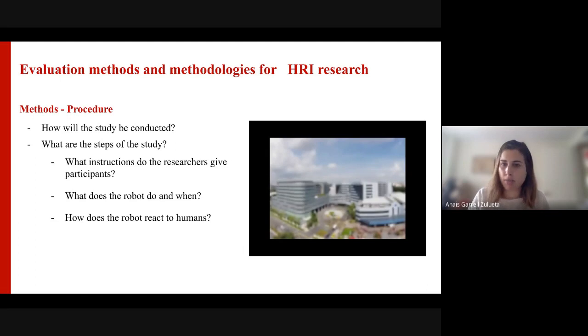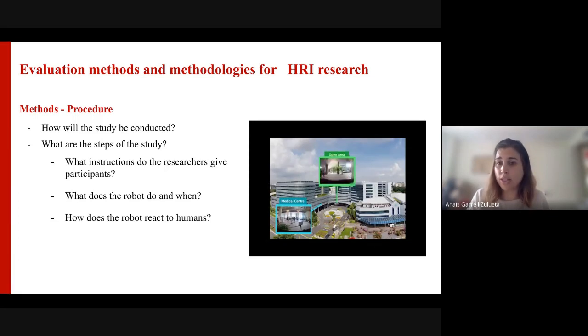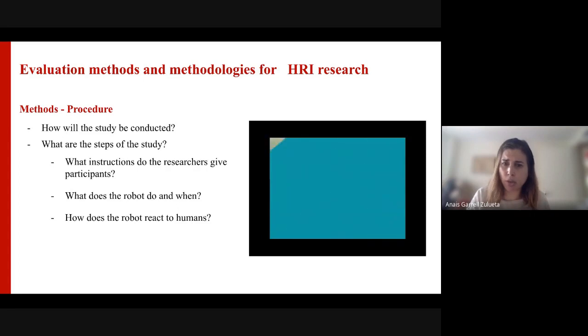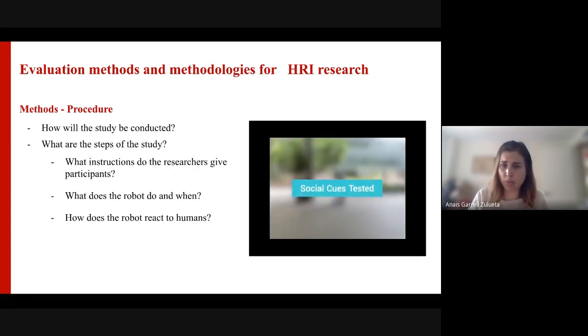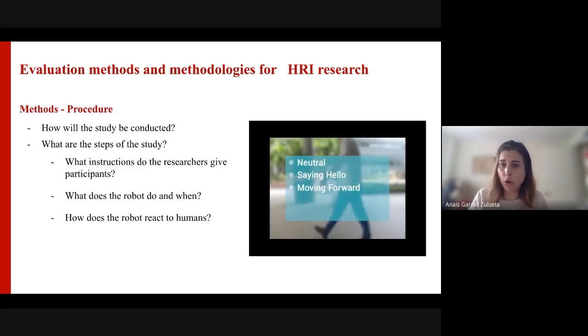In that video, you see a robot interacting in a public space, in a medical center. The researchers decided to work in this open area, and the robot works in that lobby. The robot is capable of interacting with people, and here they want to test social proof. It could be neutral, just saying hello, going forward, whatever.